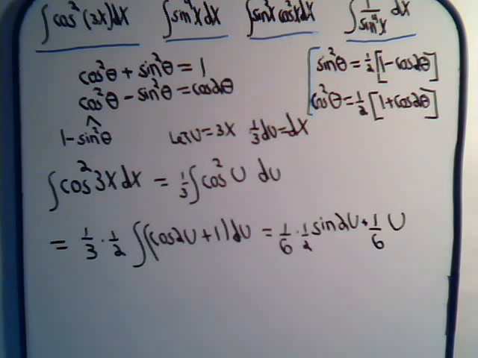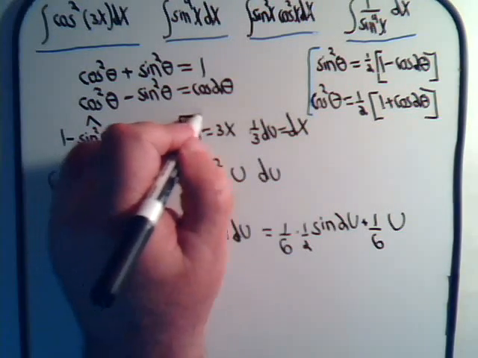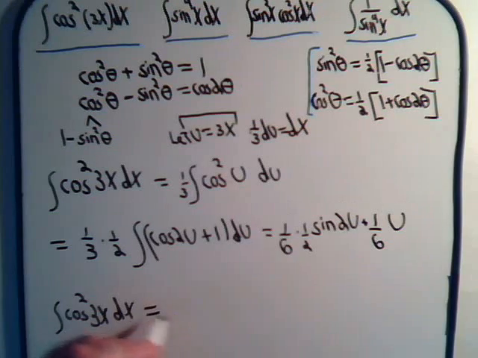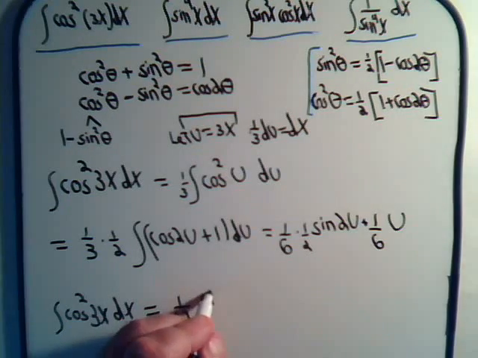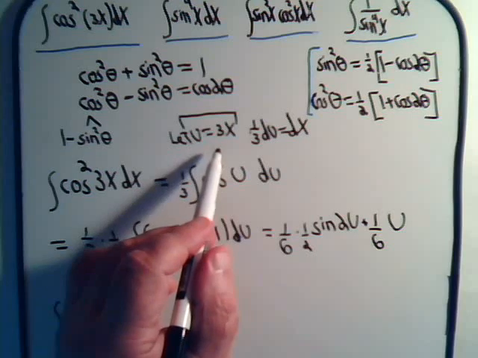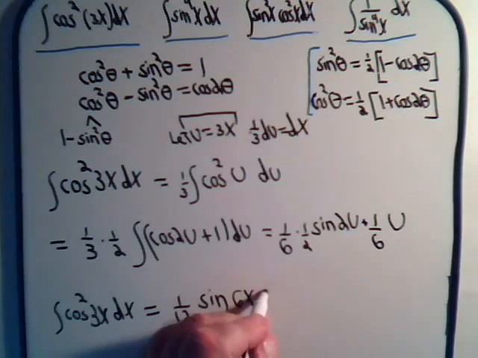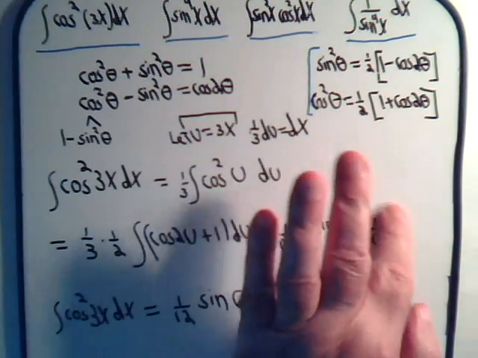And u, we have to go back now to our original substitution. u is 3 times x. So we get then the integral of cosine squared of 3x dx equals 1/12 times the sine of 2 times u, that would be 2 times 3 is 6, that would be the sine of 6x, plus u is 3x.